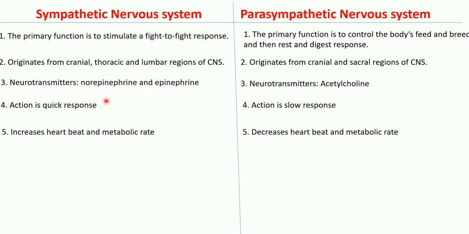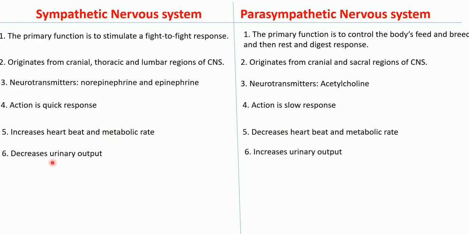When the person is running, you have to keep that situation in mind. Your heart rate is high and metabolic rate is also high. So heart rate increases, metabolic rate increases. This is the sympathetic nervous system. Then the exact opposite happens in the parasympathetic nervous system: heart rate decreases, metabolic rate decreases.